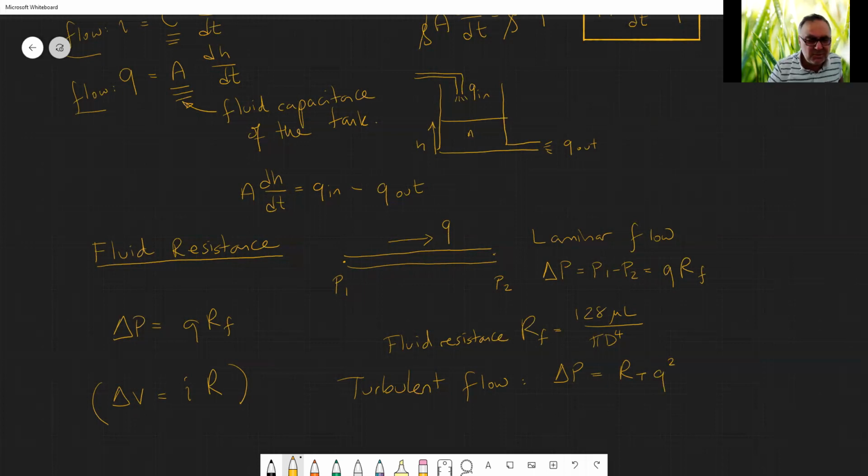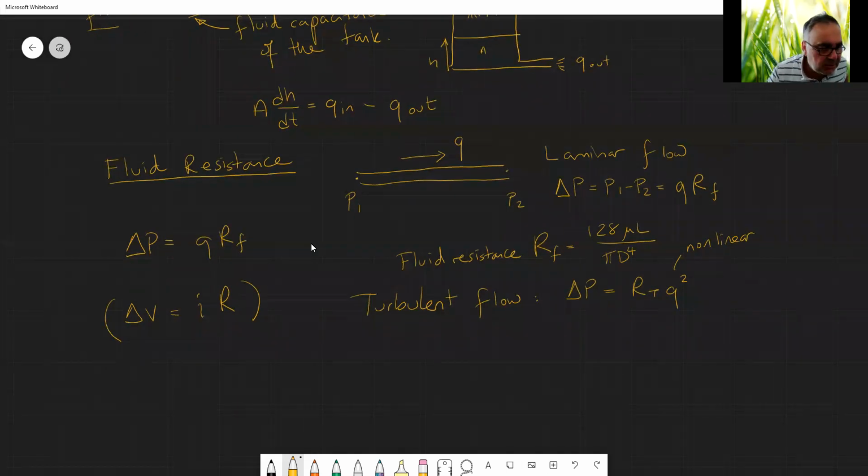But it doesn't matter. We usually take the linear relationship. This is a nonlinear relationship, as you see. But we will be taking the linear relationship in our equations.